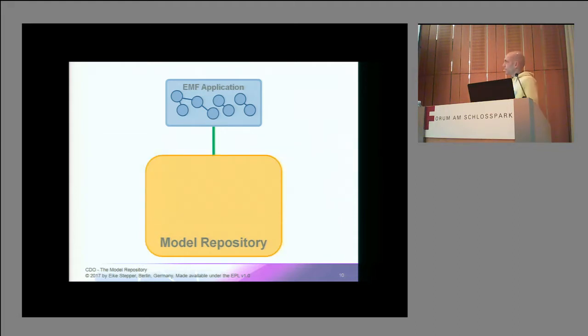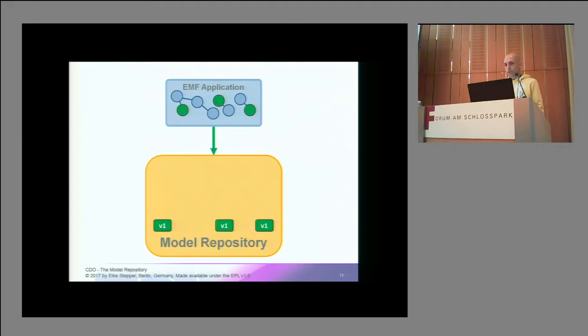So how does that look in the central model repository? You see, in the application, you deal with EMF objects, EObjects. The server doesn't know about EObjects. We call them CDO revisions.